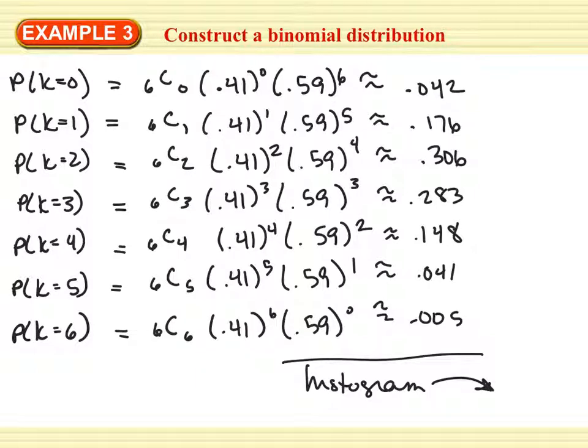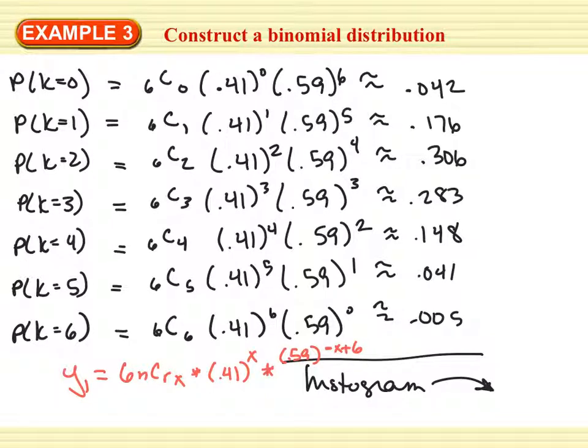In y1, I typed in 6 nCr x times the positive outcome to the x times the negative outcome to the negative x plus 6.